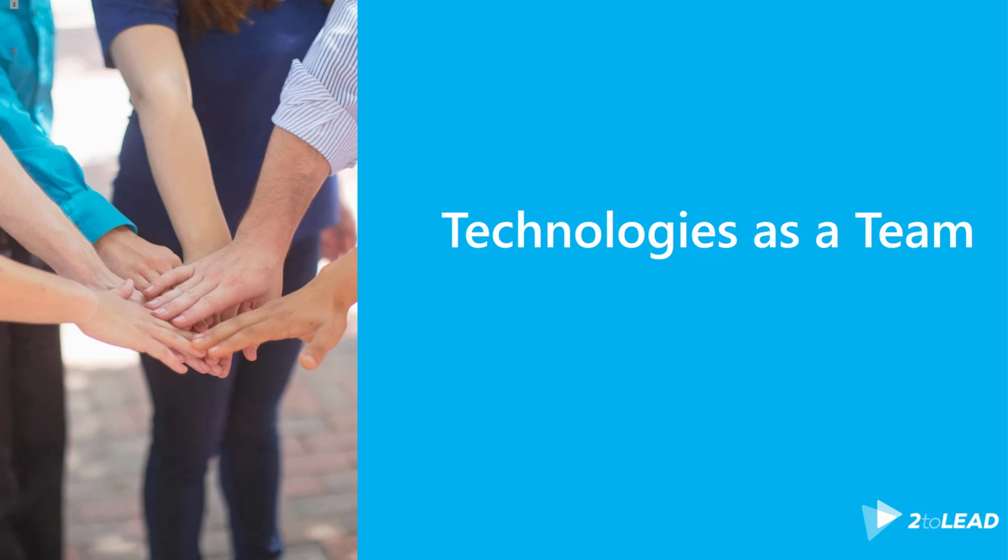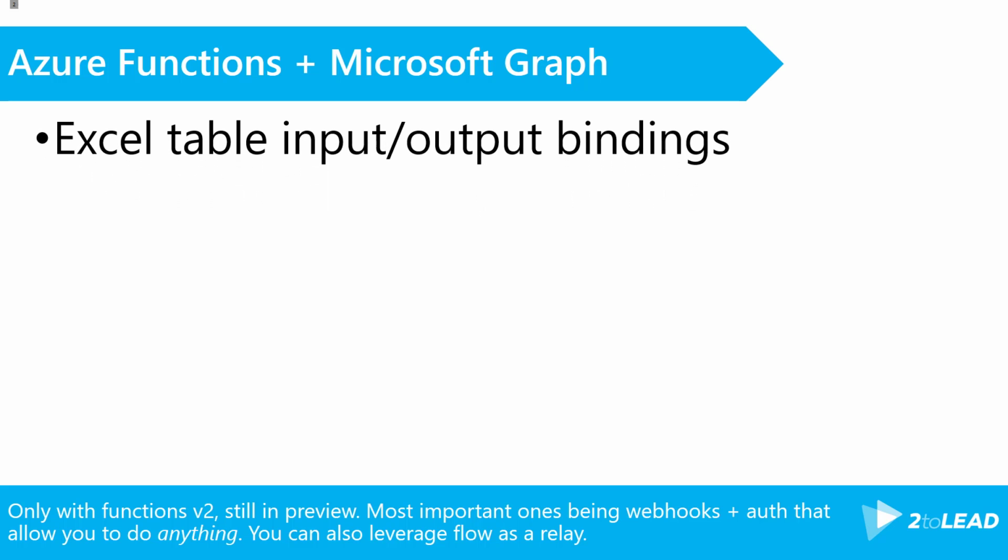So this is where the fun comes. Now that we talked about all the different technologies we're leveraging and why they make sense, let's see those technologies not as things that are apart, but as things that can play together. One of the native integrations, and it's still V2 preview, very early, so I would encourage you to try it, but not at all to build any production workload with that, are the native integrations between Azure Functions and Microsoft Graph.